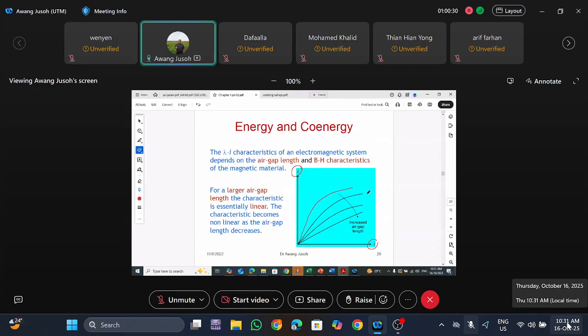So this is the theory of the relationship between air gap size and lambda.